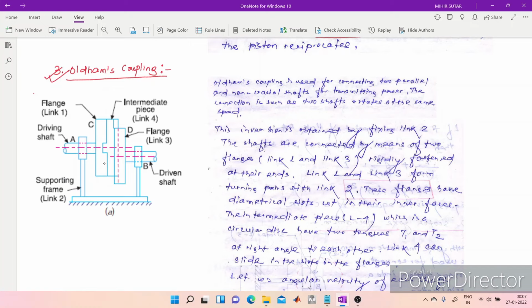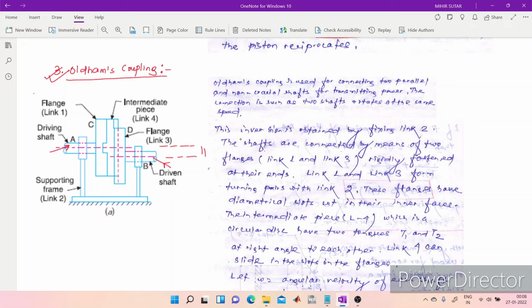Here you can see we have a driving shaft A and a driven shaft B, which are parallel to each other. This is the axis of shaft A, this is the axis of shaft B, which are parallel to each other but non-coaxial.